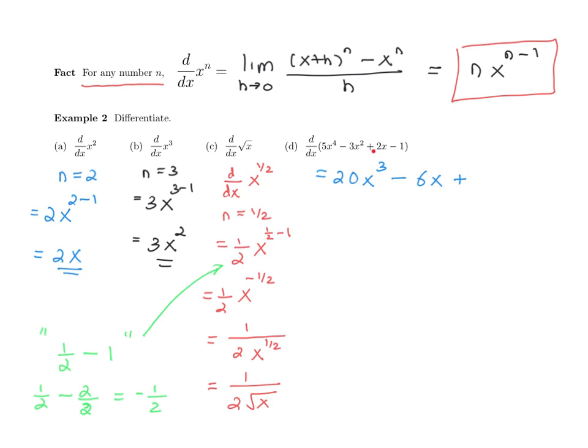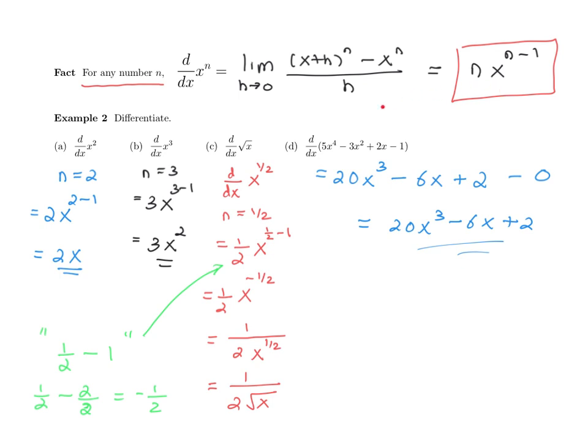I now have 2x. Well, I know the derivative of x from the previous slide is 1, and if I multiply that by 2, I get 2. The last thing is we have minus the derivative of a constant, which is 1, and we saw last time that the derivative of a constant is 0. So we very quickly get to our answer of 20x cubed minus 6x plus 2, and that thing is the final answer.